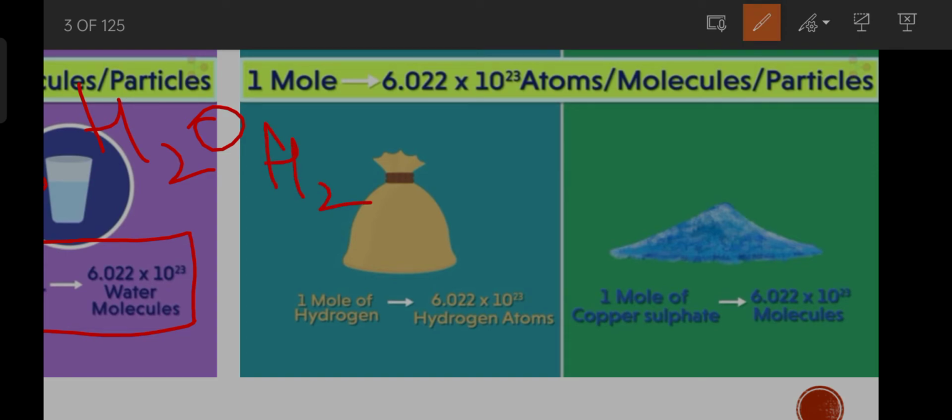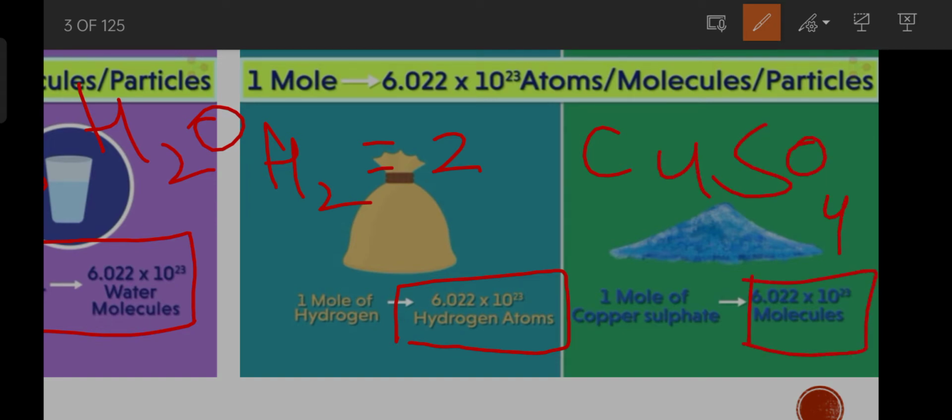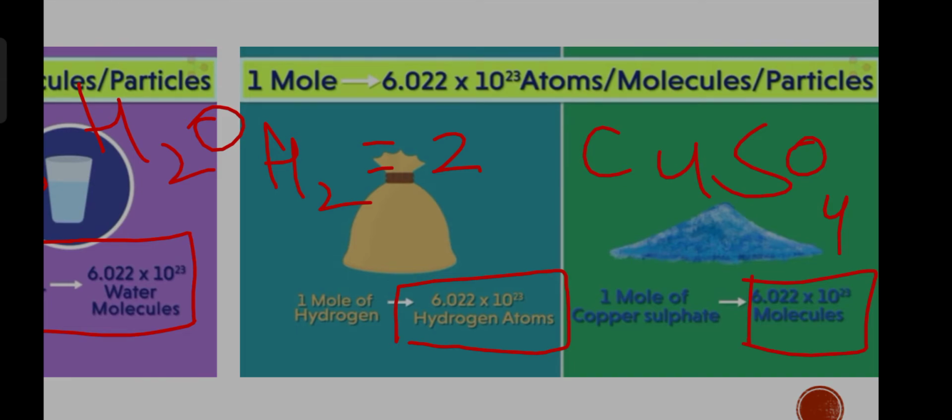H2. Hydrogen is a diatomic molecule. In 1 mole of hydrogen, again the number of particles is the same, but the molecular mass of hydrogen is 2, right? Copper sulfate, CuSO4, number of particles are again the same, but relative molecular mass will be different.